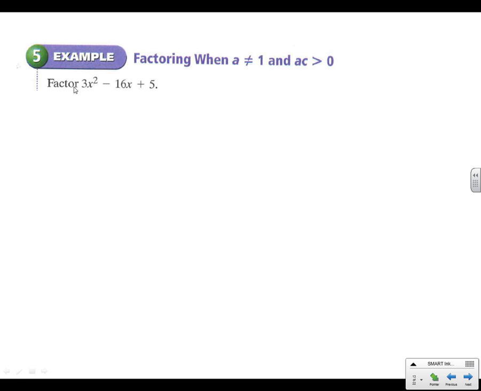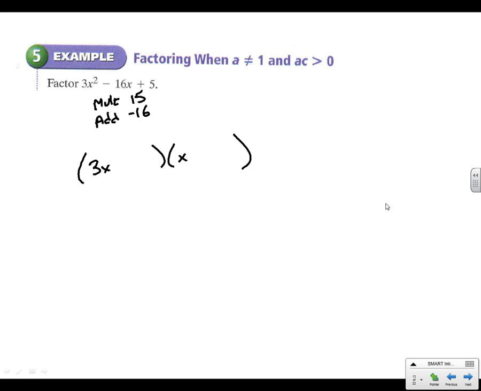All right, so now it's a little trickier when we have a coefficient in front of the x squared. So on these, we need to factor the x first, right? So 3x squared. So in this one, we're really not multiplying to 5. We're multiplying to 15, and then we're adding to negative 16, right?